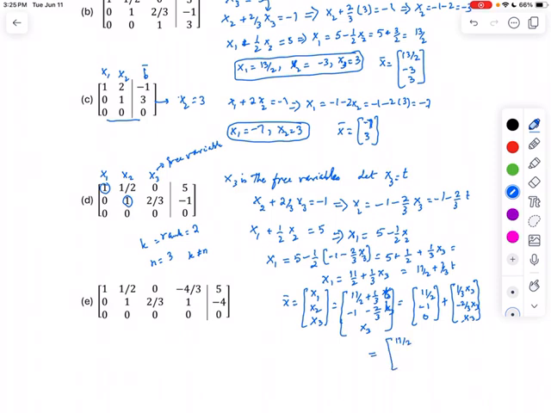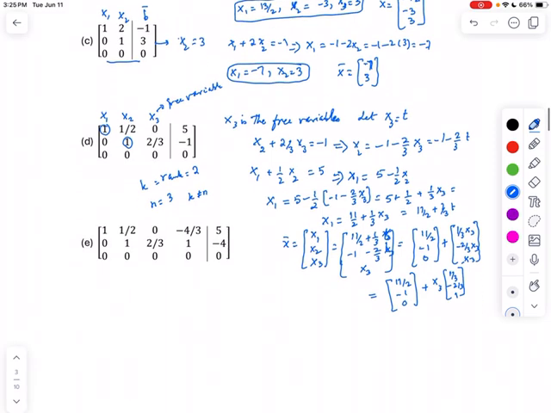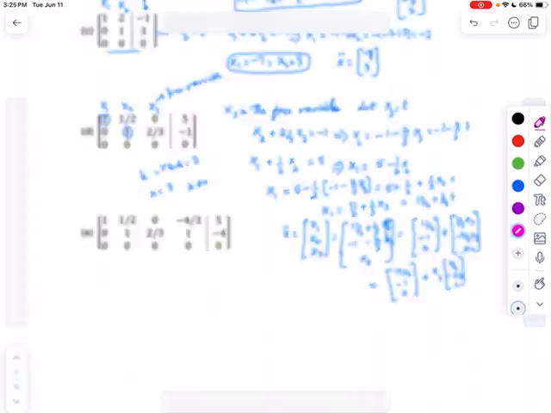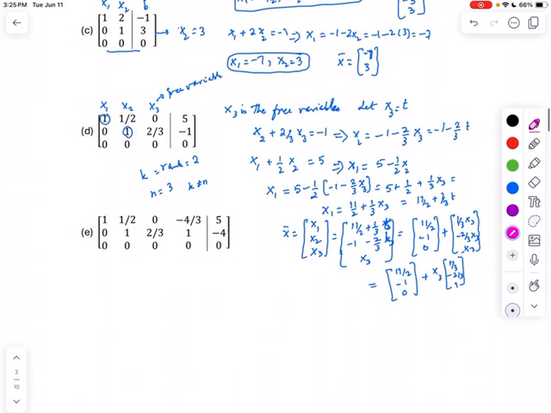So we can actually take out the x3 common. So it can be written as 11 over 2, -1, 0, plus x3 times 1 over 3, -2 over 3, and then 1. So this is called the parametric form of the equation.